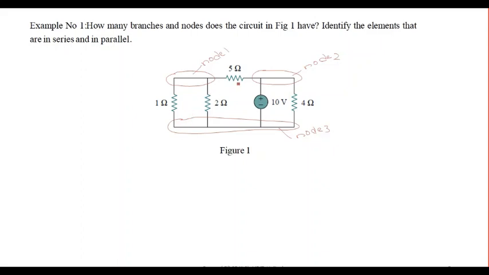Along with that, how many branches do we have? As we know, this is getting connected here, this is getting connected here. So you can call it separate branch 1, branch 2, and this one as branch 3, 4, and 6. Okay, so this is the answer for this.